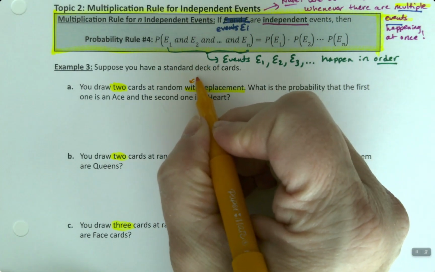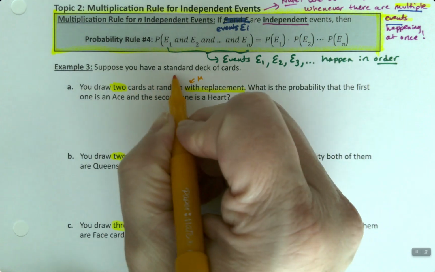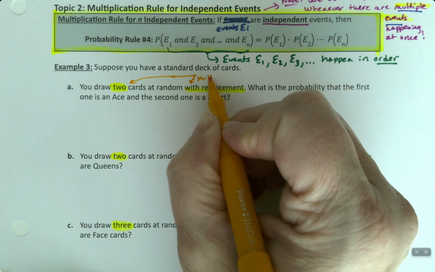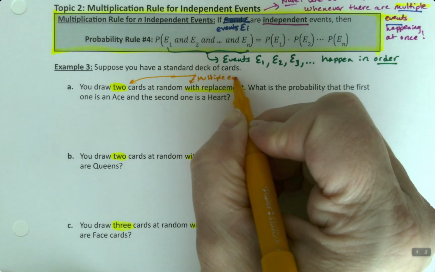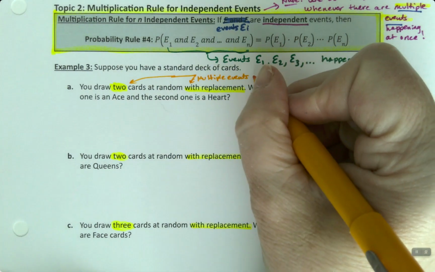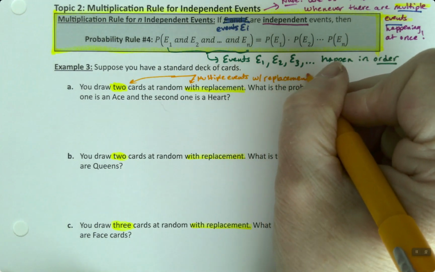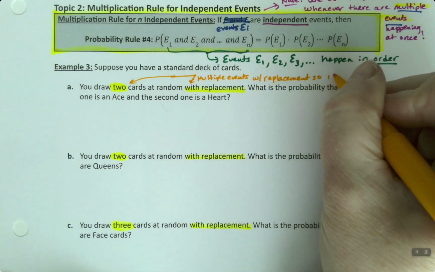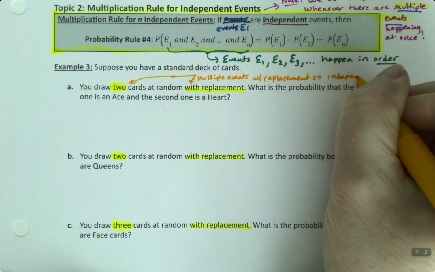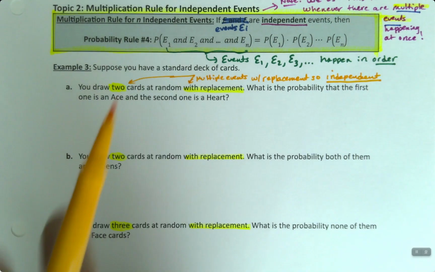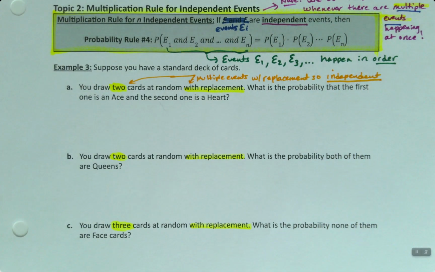So it's these 2 things put together: multiple events with replacement. So they're independent. Which is good because we want to be able to use the multiplication rule for independent events. Okay, so suppose we're going to draw these 2 cards at random with replacement.